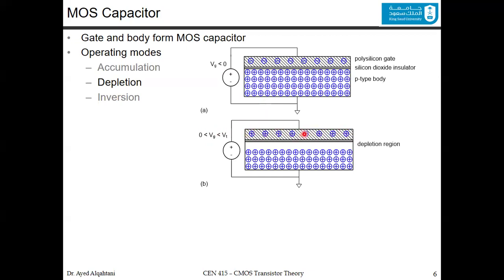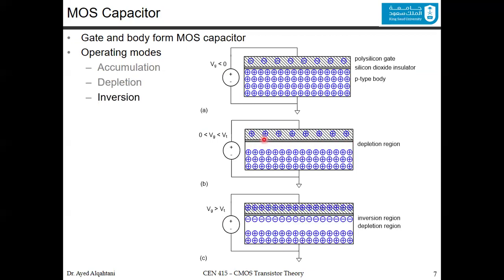And these positive charges are now deflecting the other positive charges in the P-type body. And because of this, these positive charges are barely enough to just move the positive charges, and that's it. And you have constructed the depletion region this way.